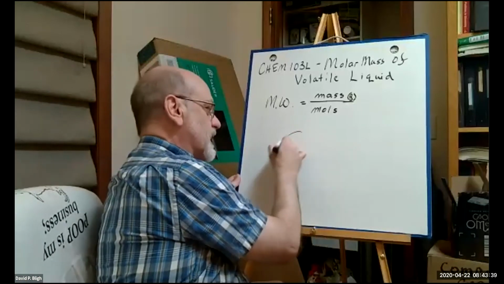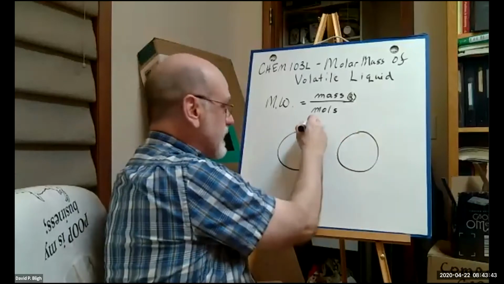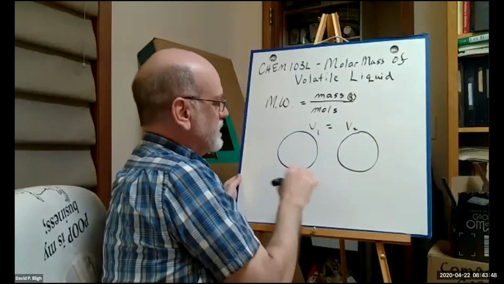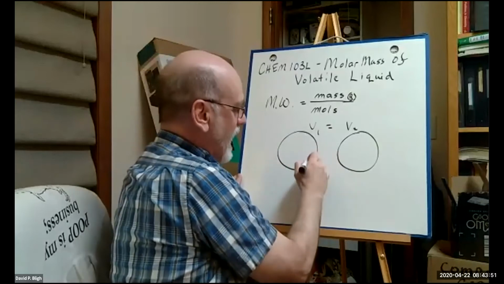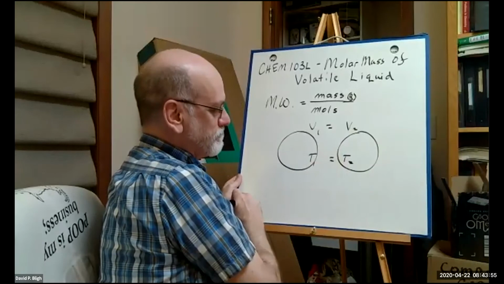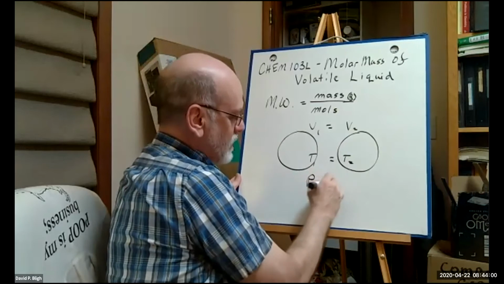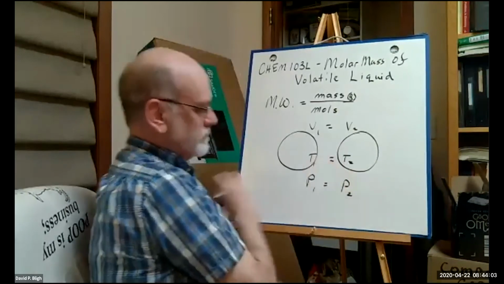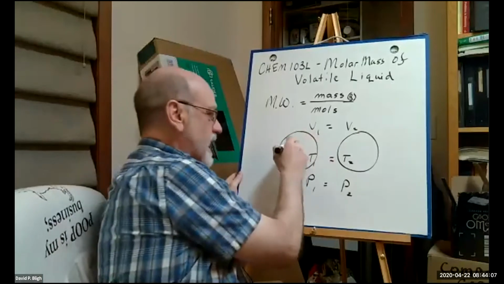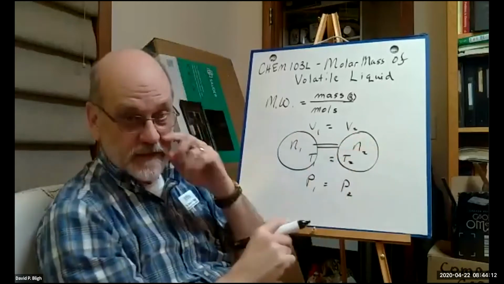If you have two containers that are exactly the same volume and that are at exactly the same temperature, and are exactly the same pressure, then you know that each one has exactly the same number of moles of gas.